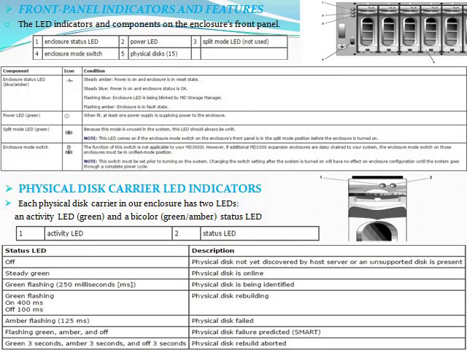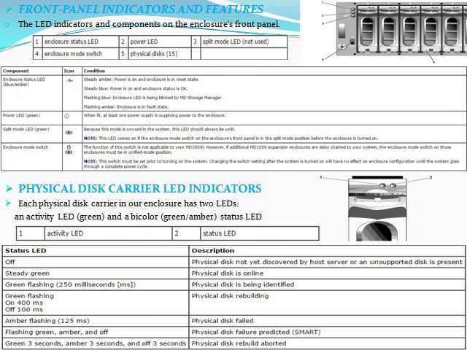Now come to the physical disk carrier. Each physical disk in the enclosure has two LEDs, an activity LED and a bicolor status LED. First, if the status LED is off, it means the physical disk is not yet recognized by the host server or an unsupported disk is present.